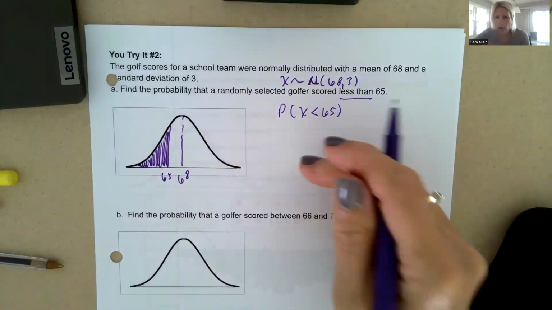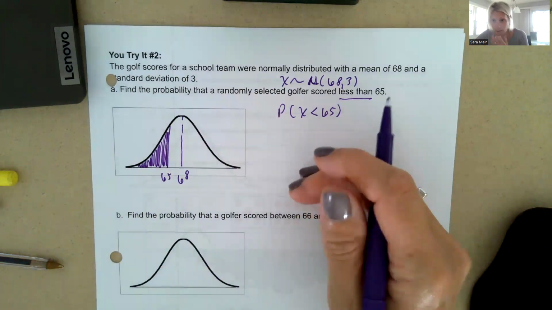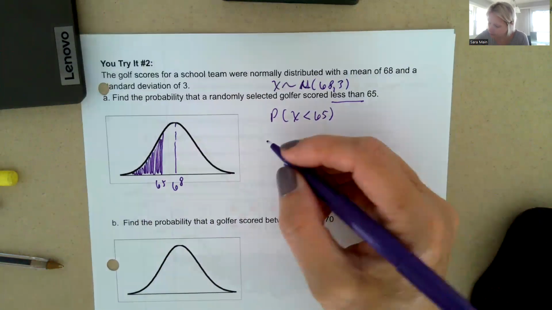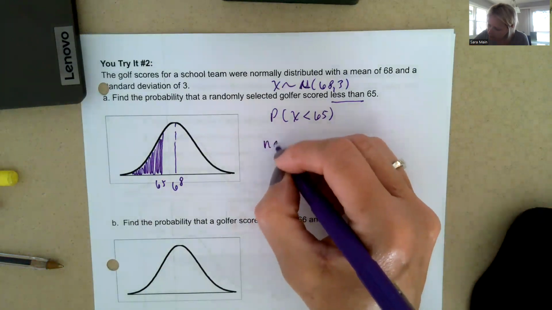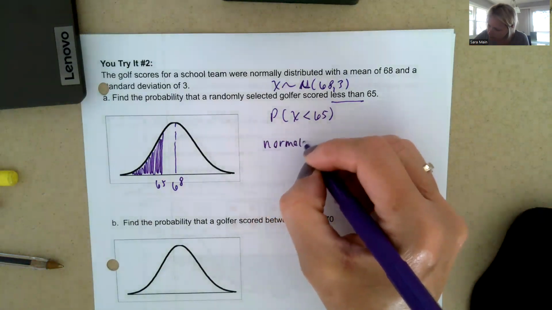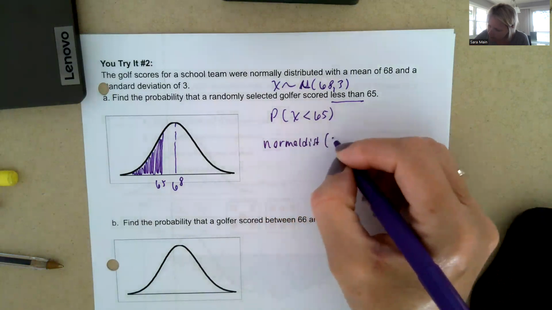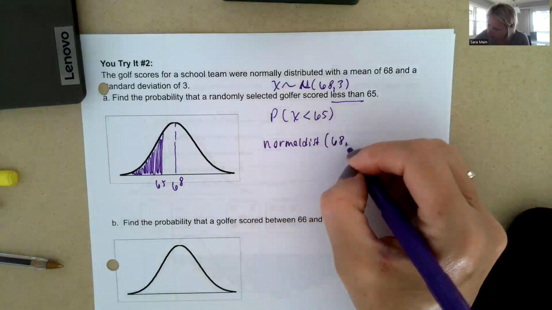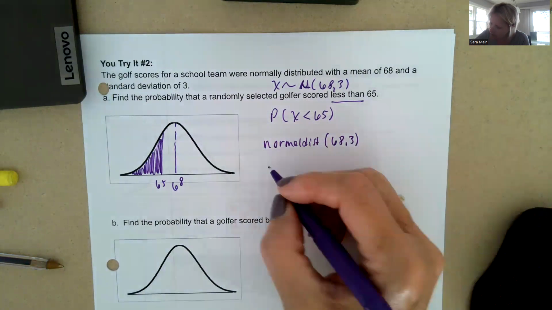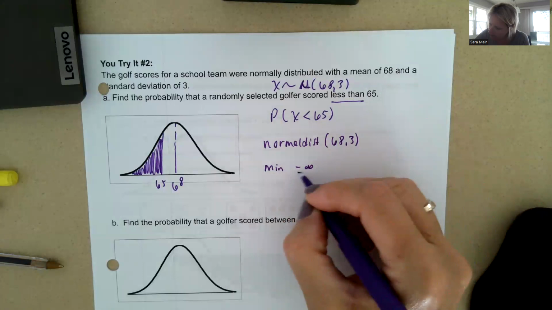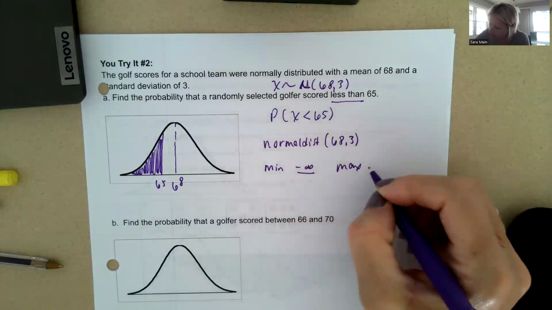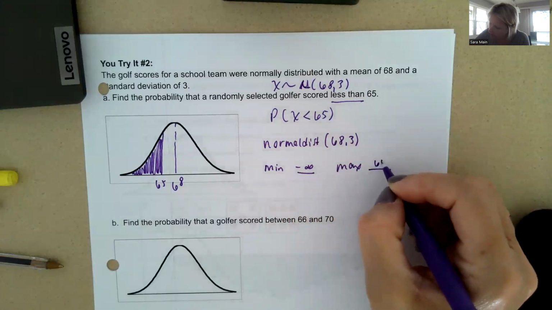Okay. So I would like you to write on your paper what you're going to tell Desmos. It's going to be normal dist 68, 3, and then min is going to be negative infinity, and max is going to be 65.